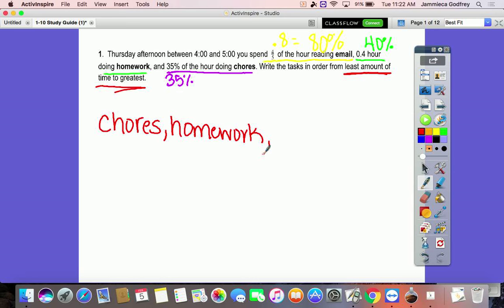And in third, we have email with 80%. So this is the correct answer for number 1 on your study guide. This skill only requires you to change your fractions and your decimals to percent.